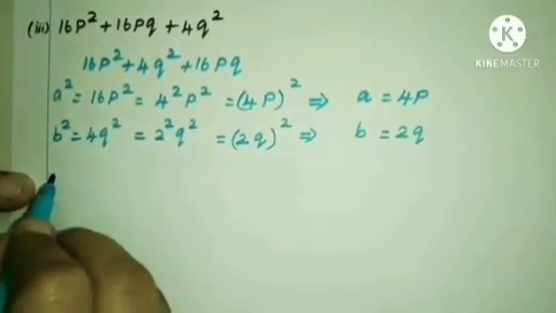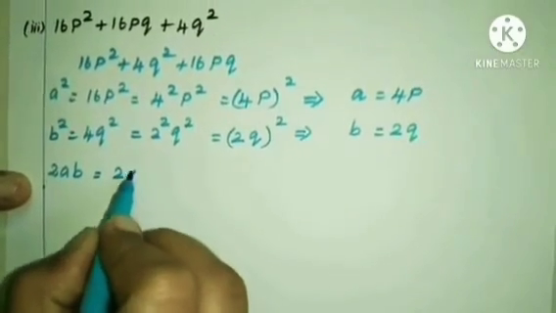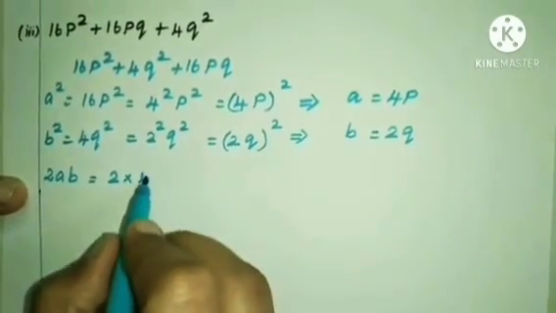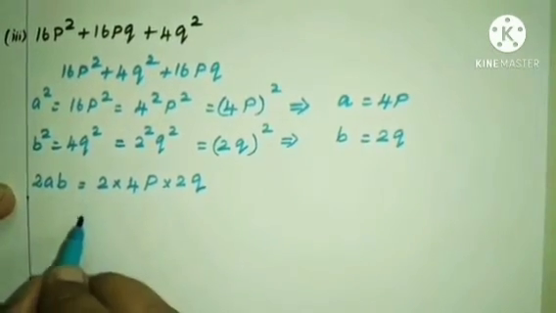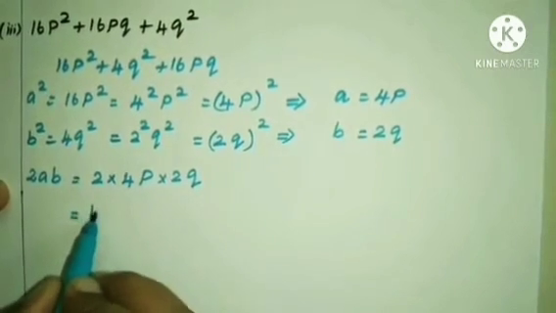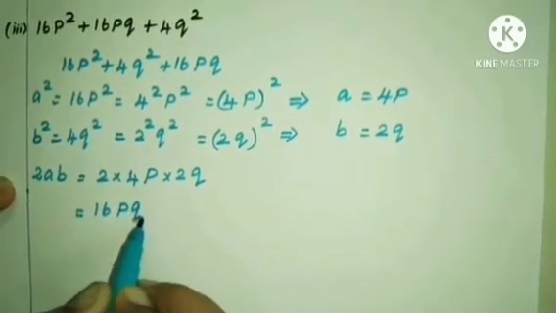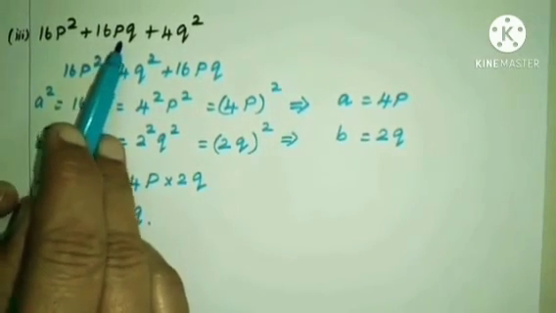Now verify the third term 2ab. 2 into, here what is the value of a? 4p into 2q, which is 2 4s are 8, 8 2s are 16pq. So 2ab is 16pq.